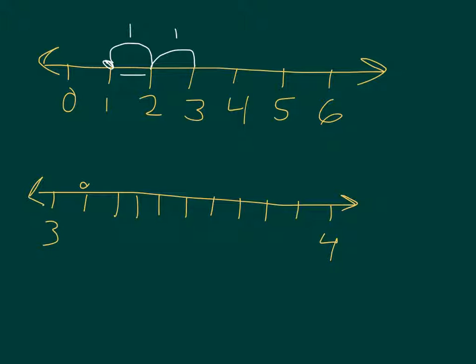This is 3 and 1/10, 3 and 2/10, 3 and 3/10, 3 and 4/10, 3 and 5/10, etc. So when we're looking at rounding numbers, we could always use a number line to help us think about this. We've got this number line to help us figure out what happens in between the 3 and 4.